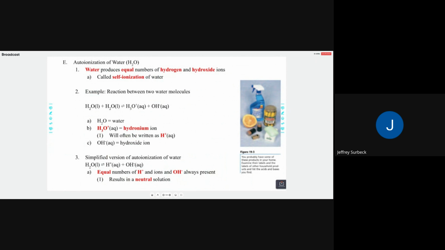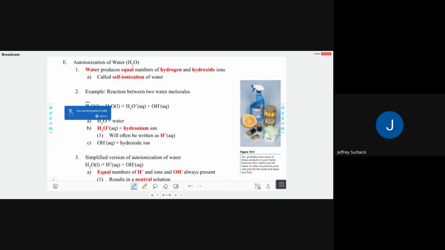So we take a look at this, and this is what we call the auto-ionization of water. What actually happens is this. One of these waters acts as an acid, and one of the waters acts as a base. Let's just say, for example, that this water that I highlighted up top is our acid.